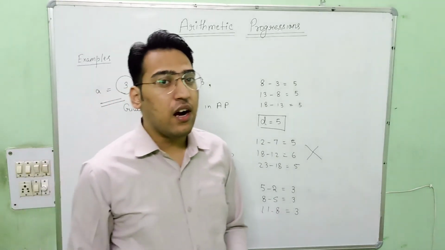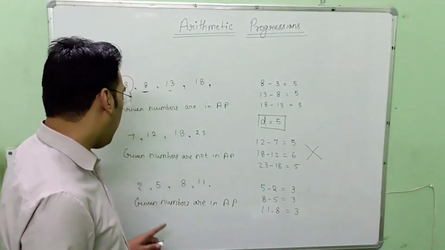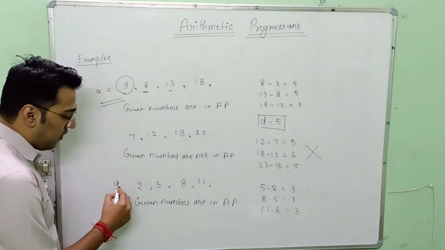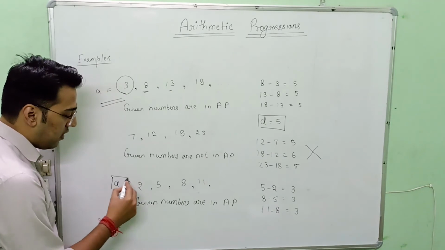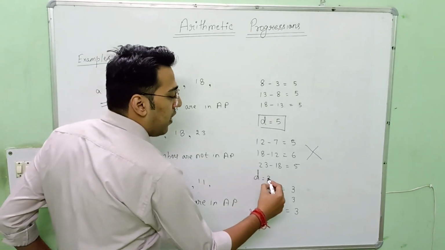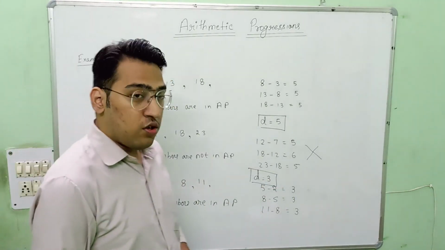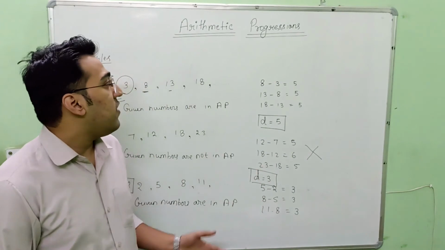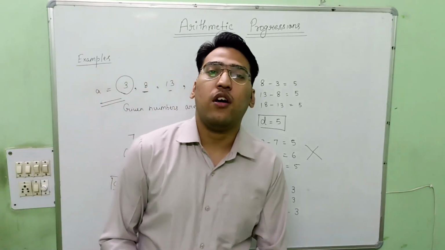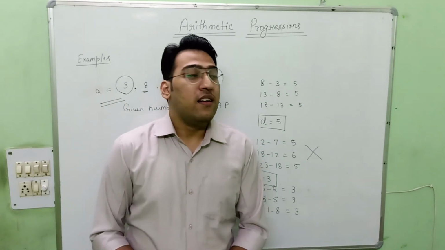And since we have found that the given numbers are in AP, we can denote this 2, the first term, by small a and the common difference by 3.